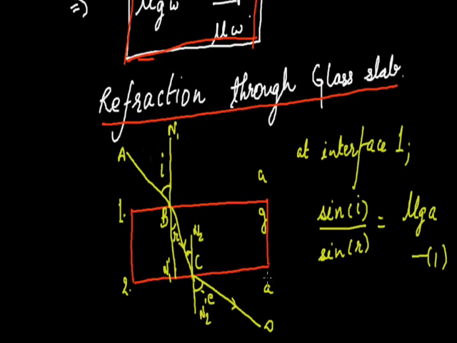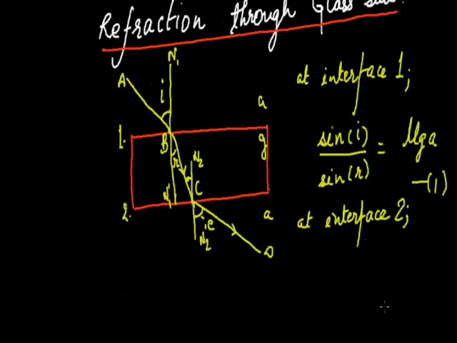So here at interface 2, by the application of Snell's law again, the angle of refraction for the first interface is the angle of incidence for the second interface.